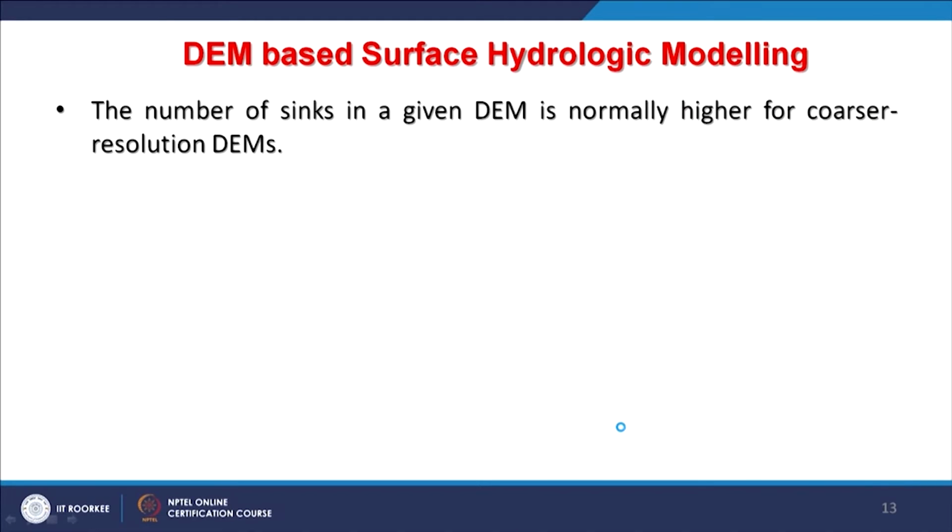Now, the number of sinks in a given digital elevation model is normally higher for a coarser resolution DEM. So, if you have a coarse resolution digital elevation model, the area covered by these sinks is going to be very high, and in a high spatial resolution digital elevation model, it is just the reverse case.